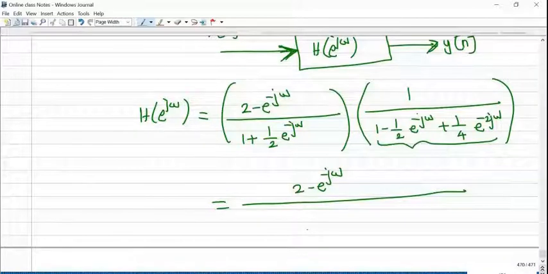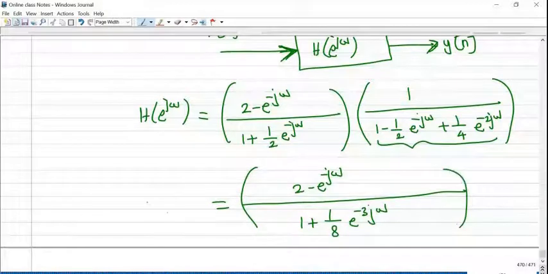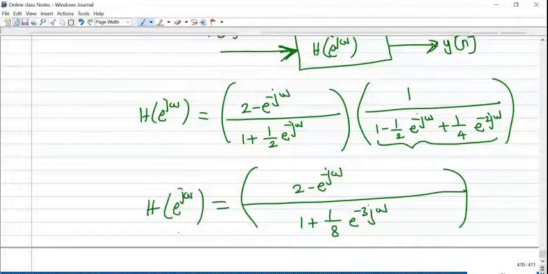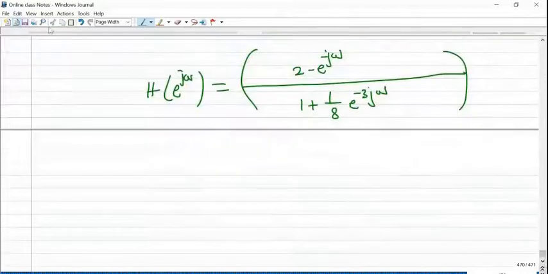I hope you will get finally 1 plus 1 by 8 e power minus 3j omega. You just multiply and solve it. Your net frequency response H of e power j omega is 2 minus e power minus j omega divided by 1 plus 1 by 8 e power minus 3j omega.